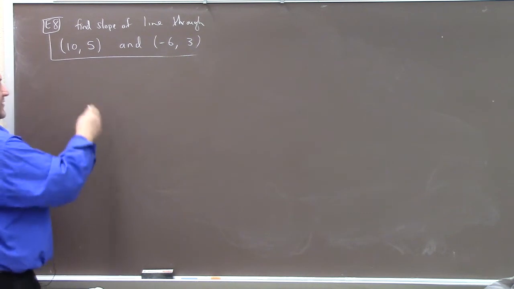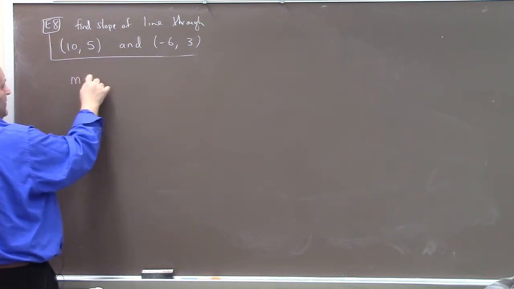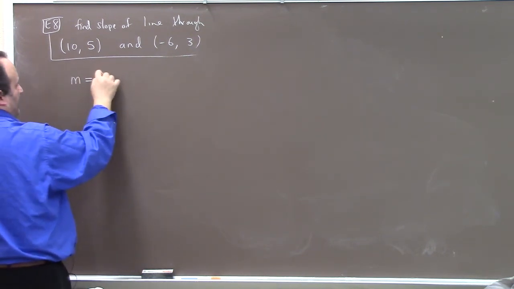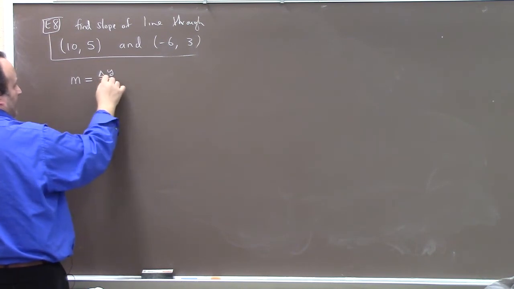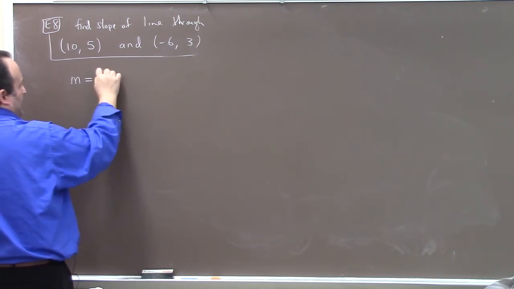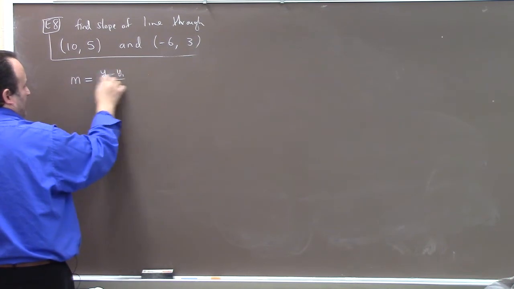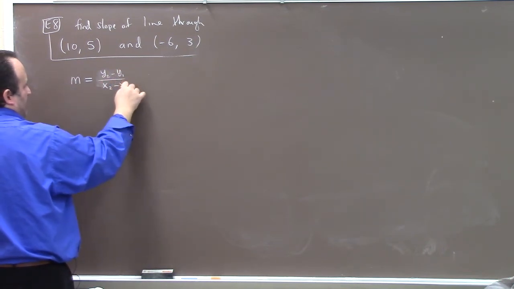So here, you just go, okay, slope is change in y over change in x, right? All right, let me just say it this way. It is y2 minus y1 over x2 minus x1, right?